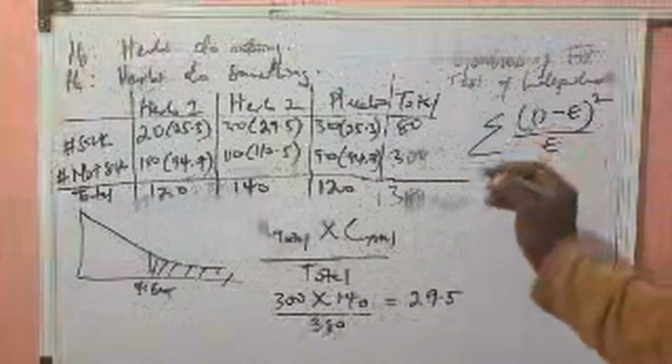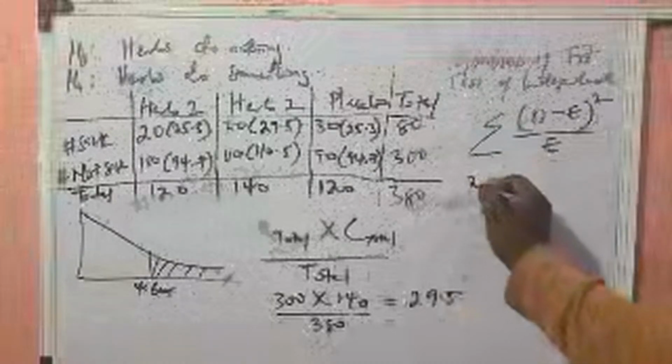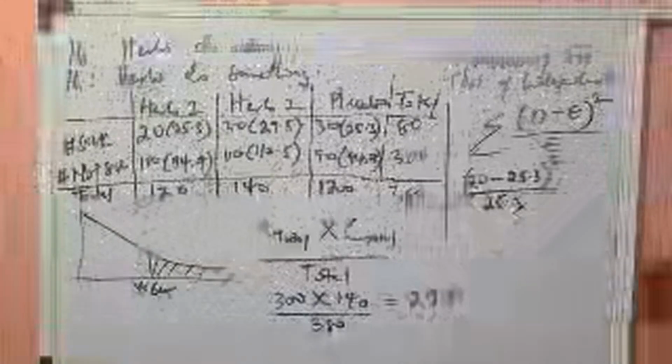So what we can do now is simply go on to say, for the first entry of 20, that will be 20 minus 25.3, which was the expected value, all square over, of course, expected value 25.3.